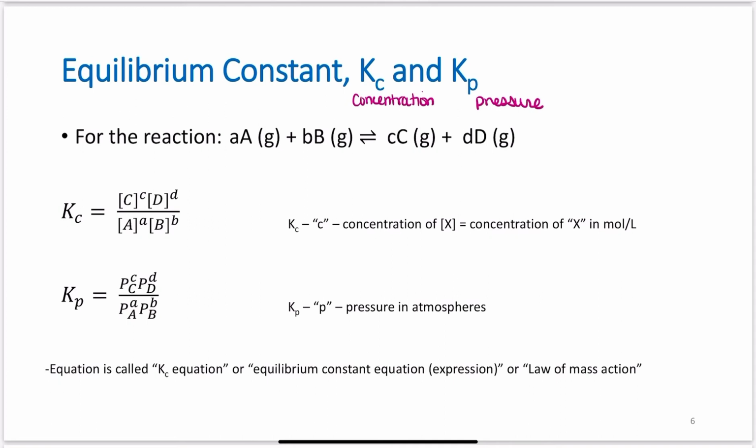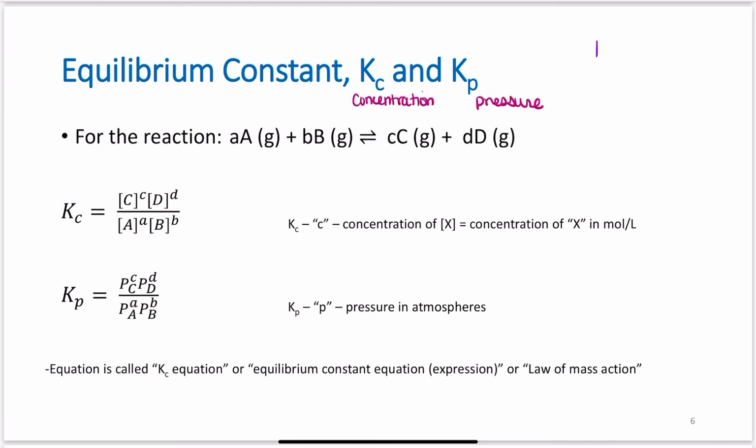We call this equation your Kc equation or your equilibrium constant equation, expression. It's also known as the law of mass action. You're going to hear all of these terms with this. But what I want you to realize here is what we've done. To find Kc, I call this your products over reactants equation. That's not quite correct because it's leaving out information.